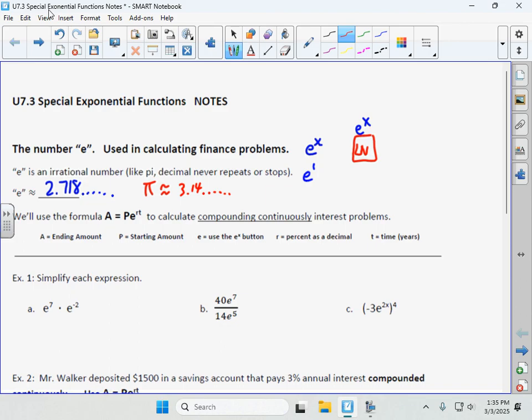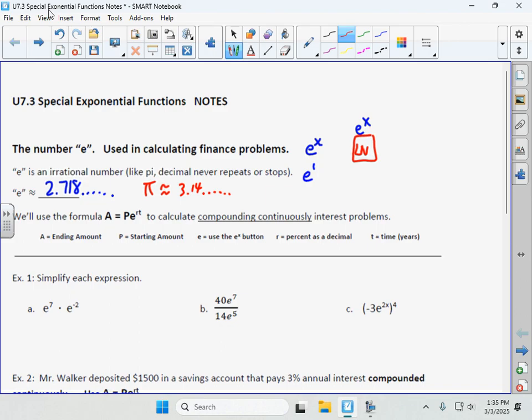We use this e number typically in finance problems. When we want to calculate compounding interest, anytime it says it's compounding continuously, we're going to use the formula A equals P times e to the rt. So r times t is going to be in the exponent of the e. A is the ending amount, and P is the starting amount, called the principal, what you invest.